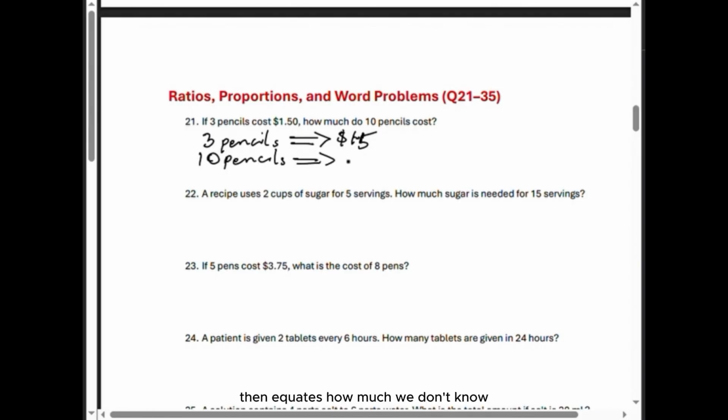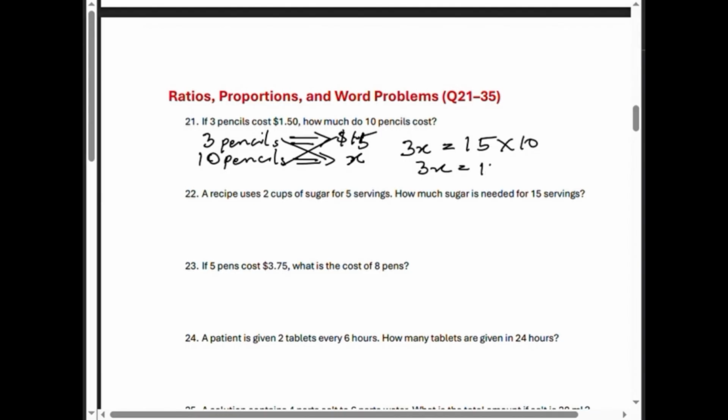Then equate how much, we don't know. So that's our x value. You cross multiply. So you have 3x equals 15 times 10. Oh no, this is 1.5, sorry. You have 15 and you have x to be $5. So you have $5 as your answer.